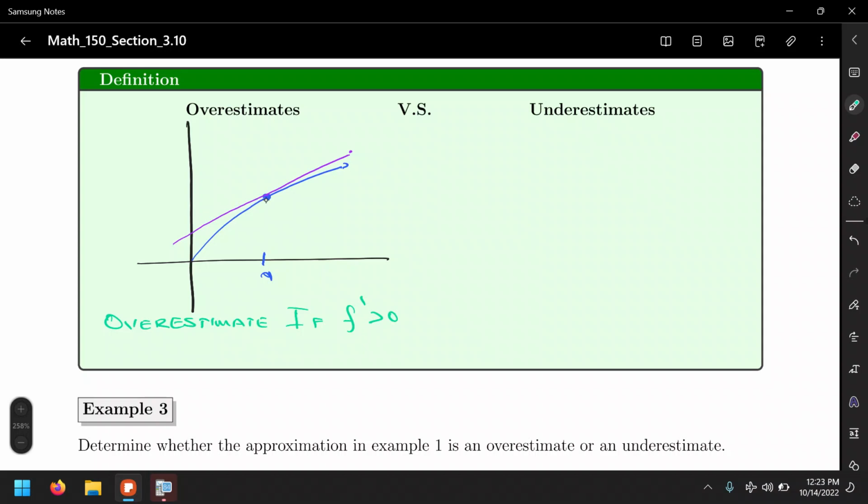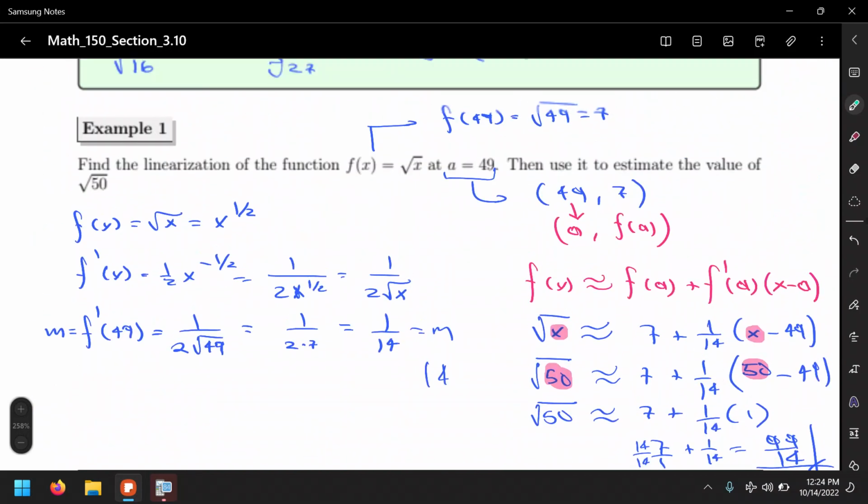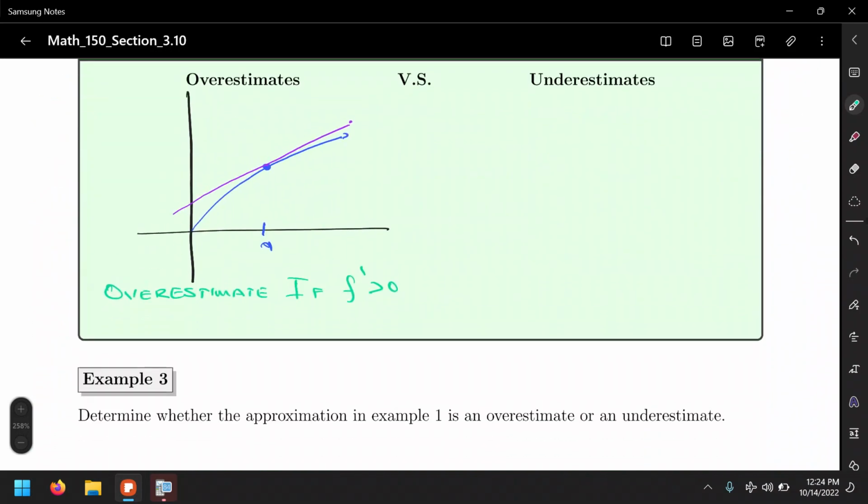Because notice how when we try to evaluate, for example, the square root example, suppose we have the square root, what did we do for the first one? Okay, we did 49. So suppose this is the number 49 and this is 7. That approximation that we obtained using the linear approximation, in this case for the square root of 50, I think it was, notice how this value is slightly bigger than the actual value.